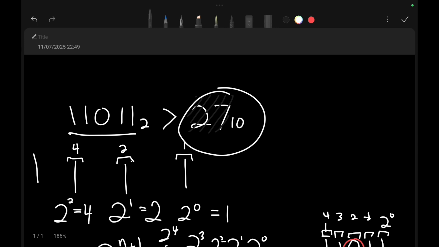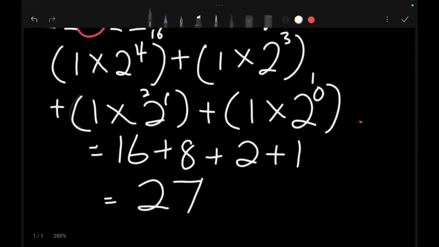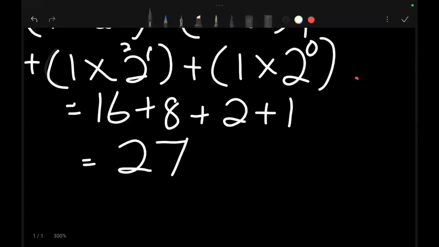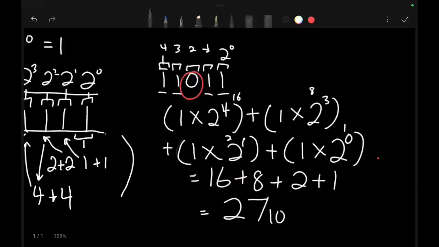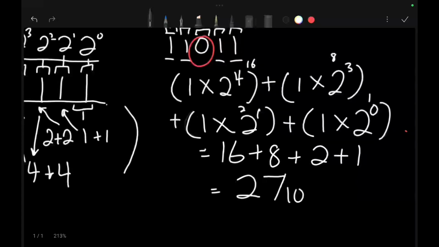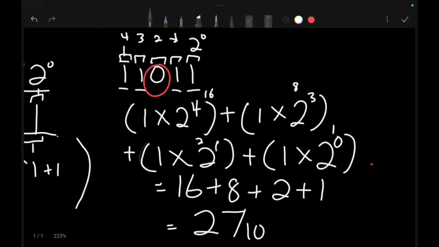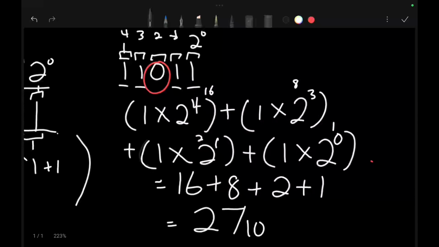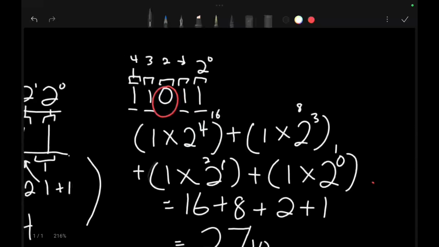See, the answer was exactly the same. So this is the calculation, and this is the formula for converting from base 2 to base 10. With this, you can gain marks in your test or in questions on converting them.